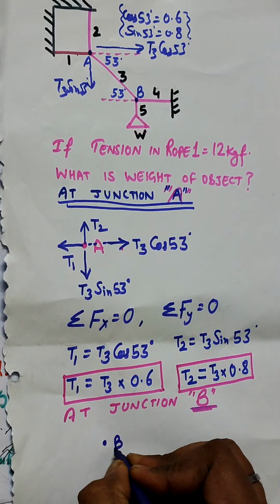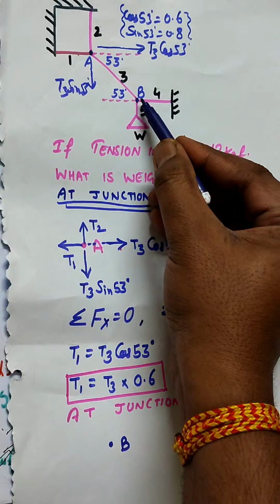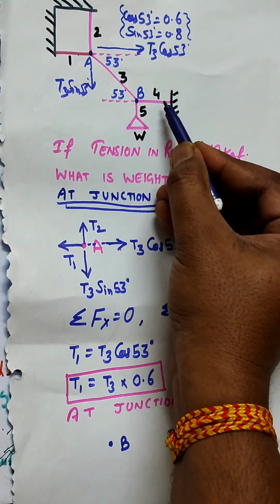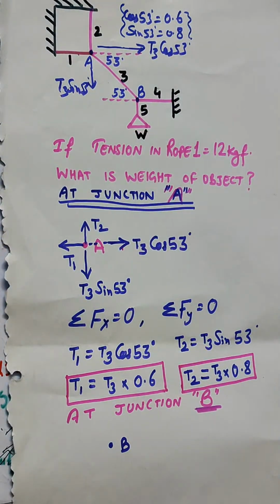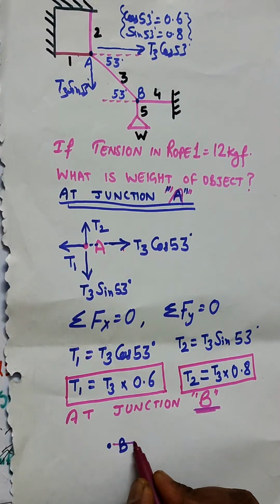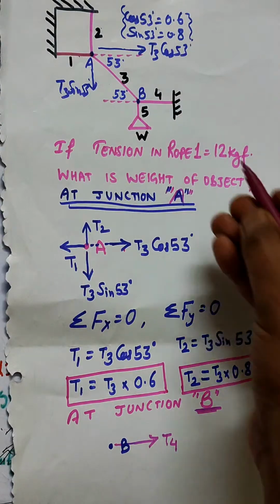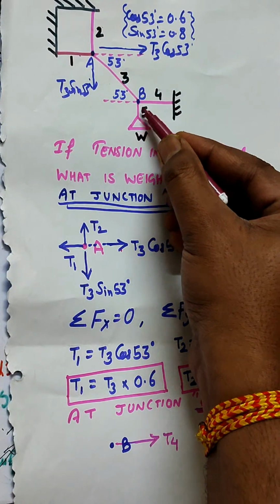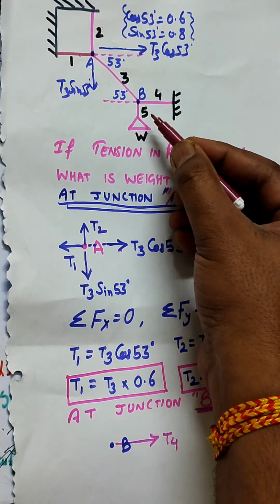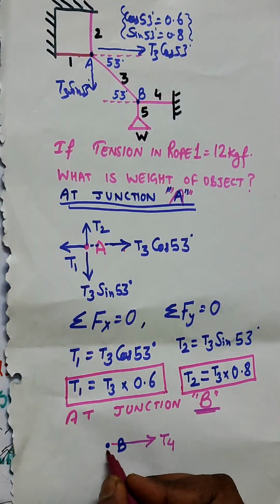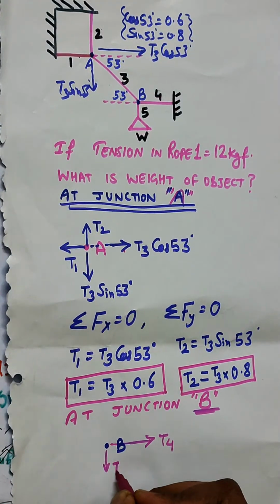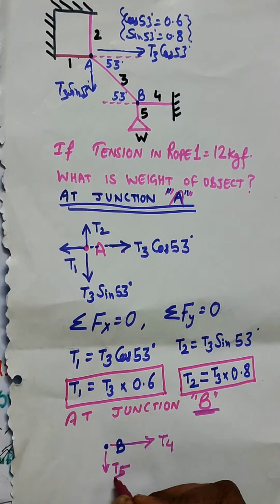If this is B, the component of force from here is T4 on the right hand side. This one is the fifth rope, so this will give you a tension of T5 downward.